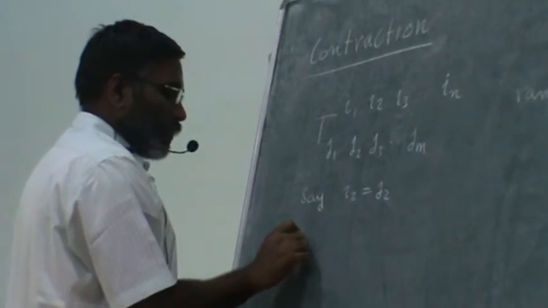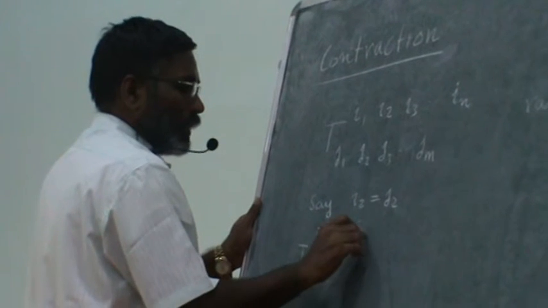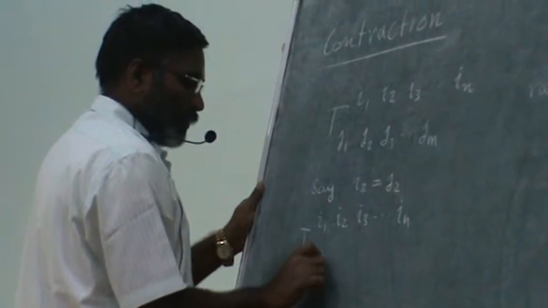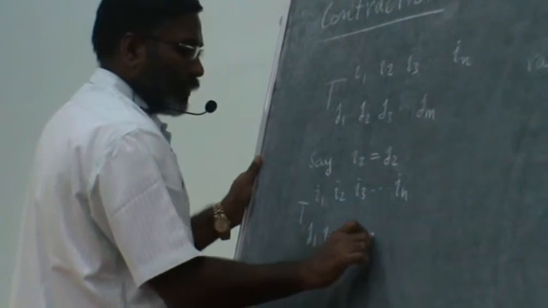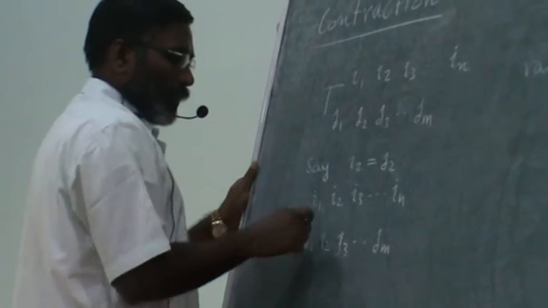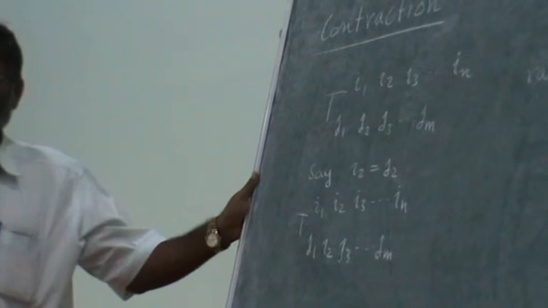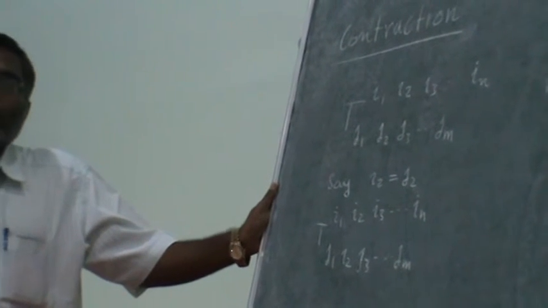That means I have T with indices I1, I2, I3, etc., In, and J1, I2, J3, etc., Jm. One superscript and one subscript are the same index. That means you have to sum over that index.